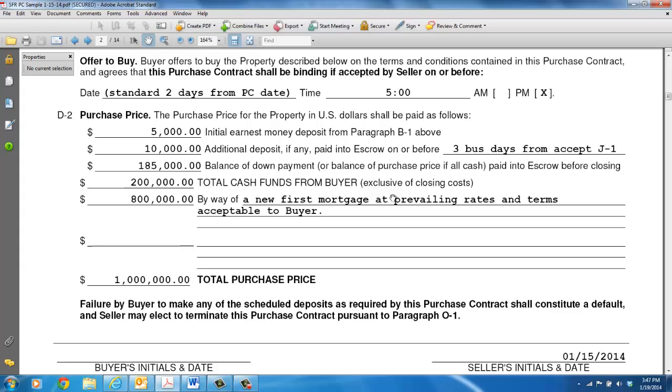There could be some other situations where this balance would be coming from another means, like let's say the buyer needs to sell a home, which is another section in the contract. But if they were maybe doing an agreement of sale or possibly a purchase money mortgage, that type of thing, you would put that information on this line right here. You're probably not going to have those in the beginning stages of your career, but it could happen.